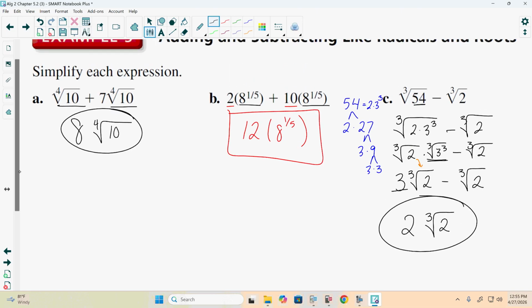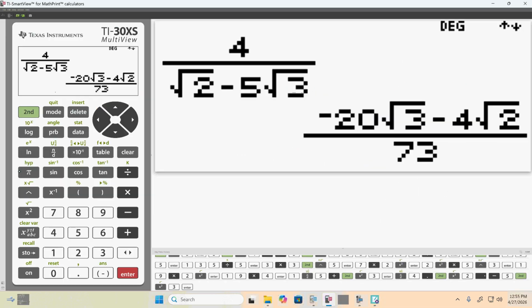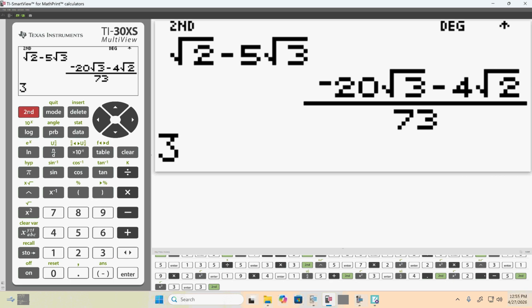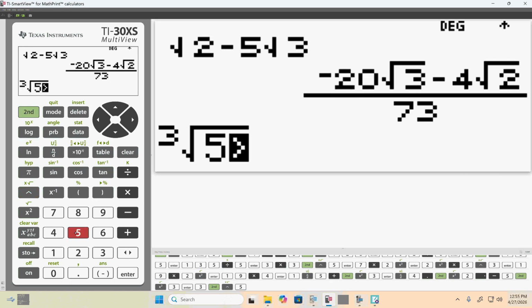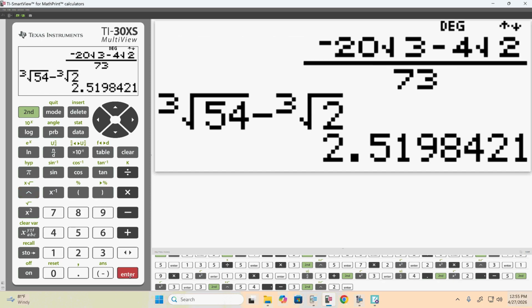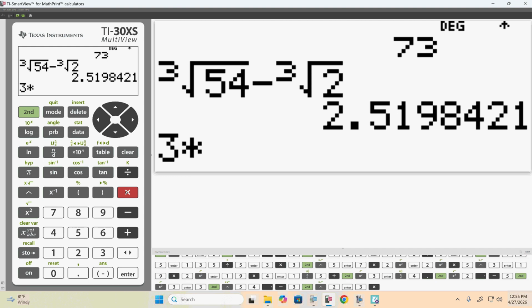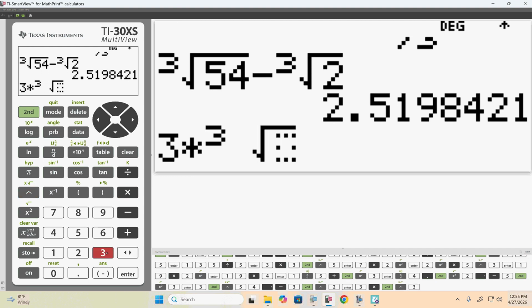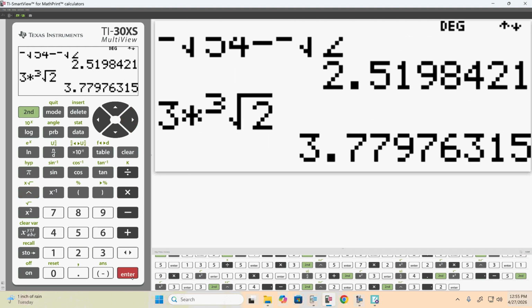And again, we can check this. Cubed root of 54 minus cubed root of 2 is this decimal here. And we're saying this is the equivalent of 3 times the cubed root of 2.